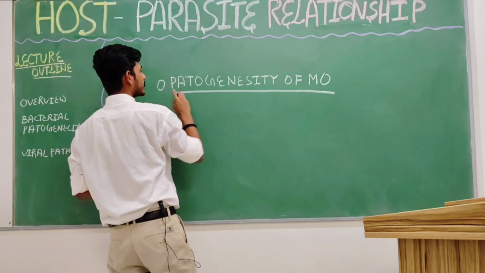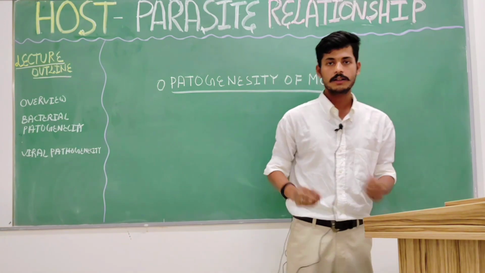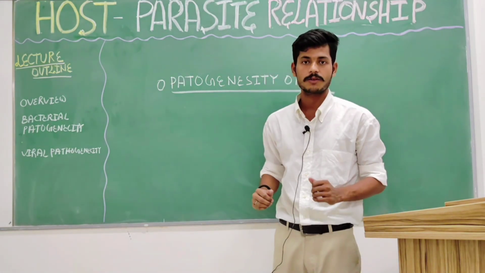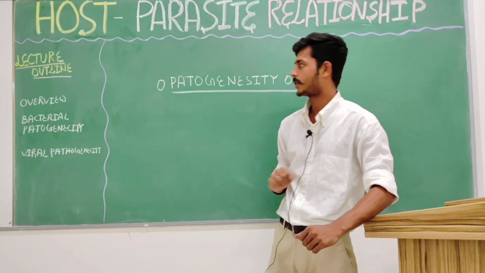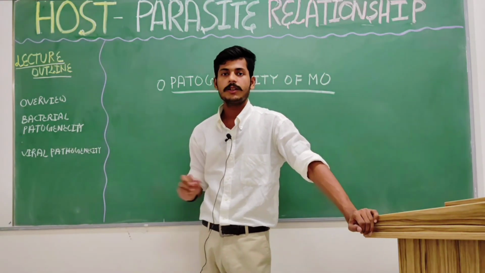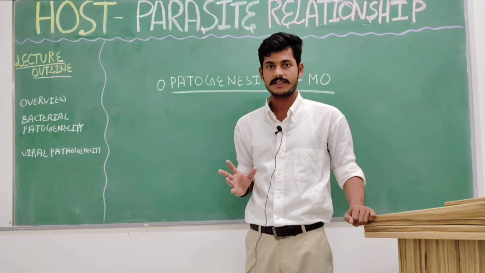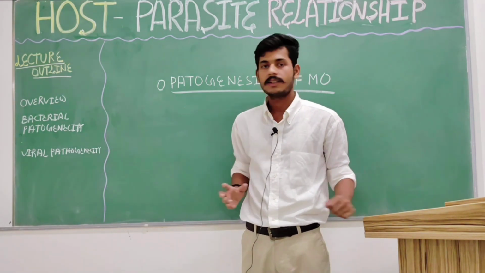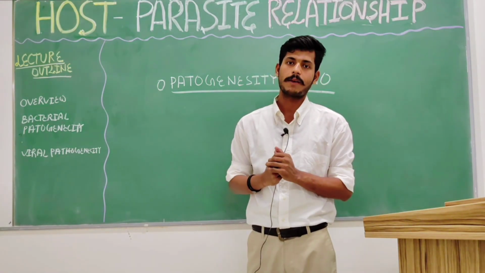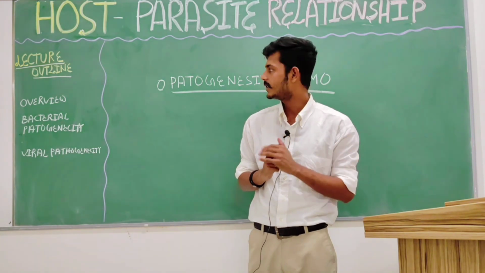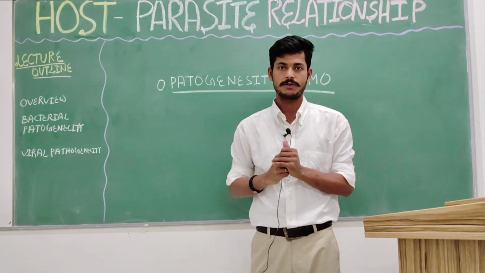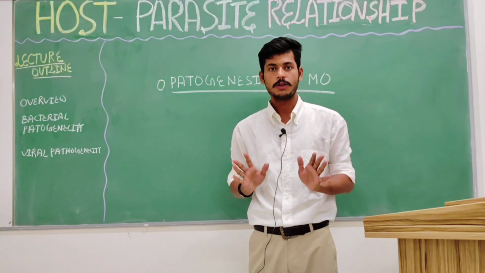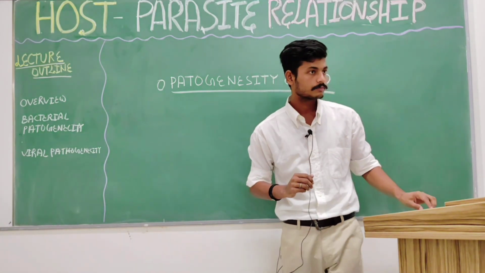Under this topic we will see our lecture outline, what things we will study. First we will deal with the overview, what is meant by pathogenicity. Then we will study two kinds of microorganism pathogenicity. The first one is bacterial pathogenicity, and another one is viral pathogenicity. Getting the points? No problem?